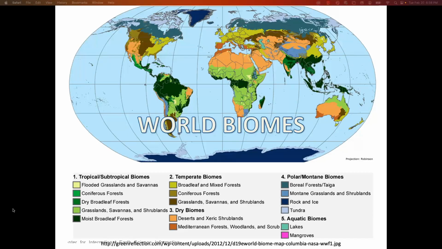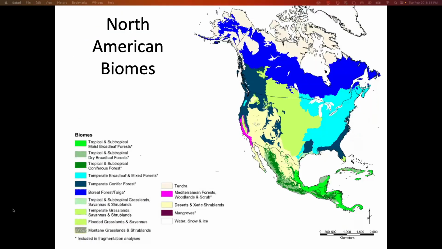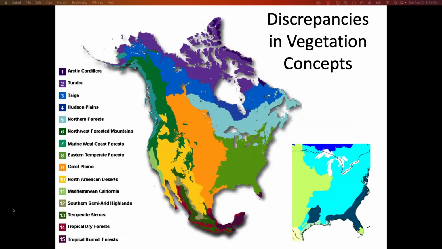So number 1, you should know there are lots of different biome maps. Many of them are contradictory. We're not going to get into a study of the differences of who said what and he said, she said. What I am going to do, though, is just kind of point out one example of these discrepancies. So here's a biome map, which I just stole off of Google Images from somewhere. And I want you to focus on the eastern United States, right?